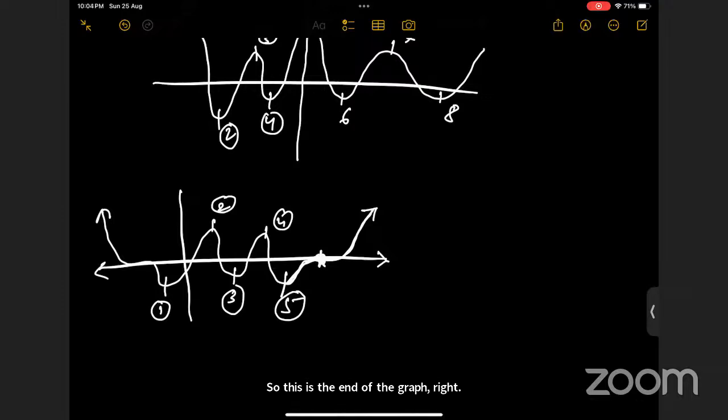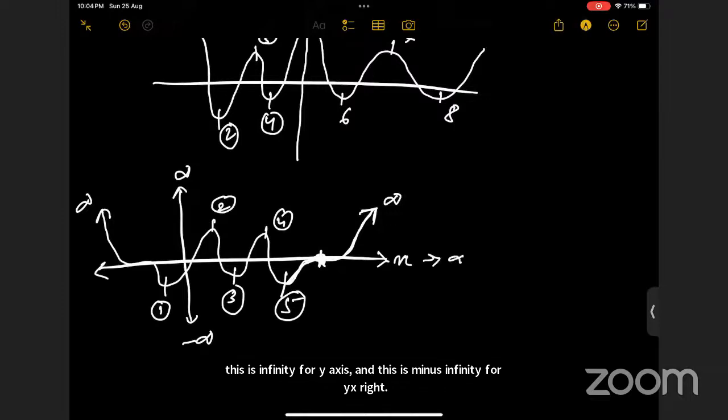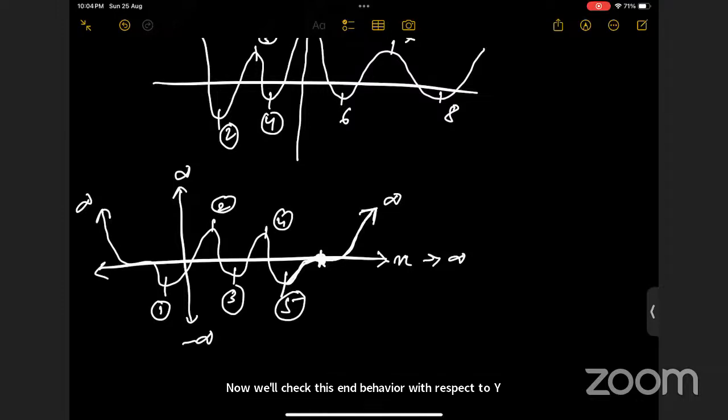What we check is whether it is going to infinity or minus infinity for the y-axis. We check the end behavior with respect to the y-axis, because f(x) is on the y-axis, and the y-axis is our codomain.